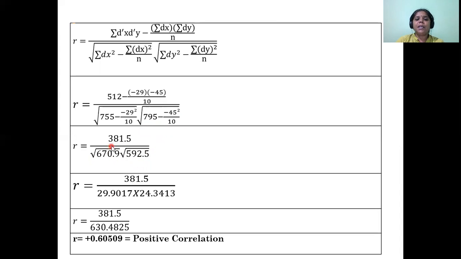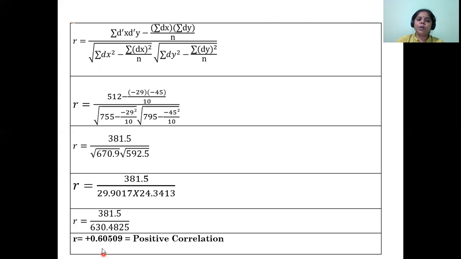So the next step is 381.5 divided by root of 670.9 into root of 592.5. If you remove the root, you will get 25.9017, and the root of 592.5 is 24.3413. Now if you multiply these two numbers, you will get 630.4825.